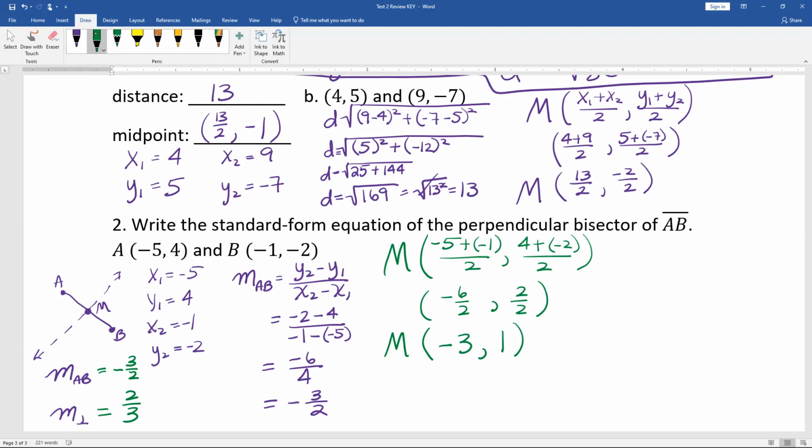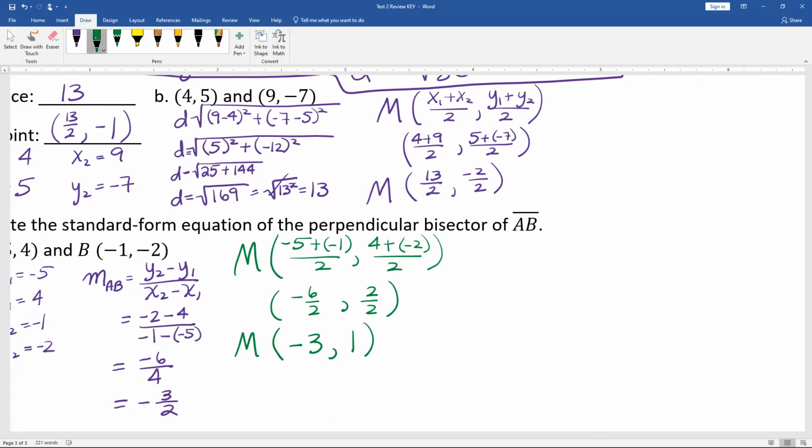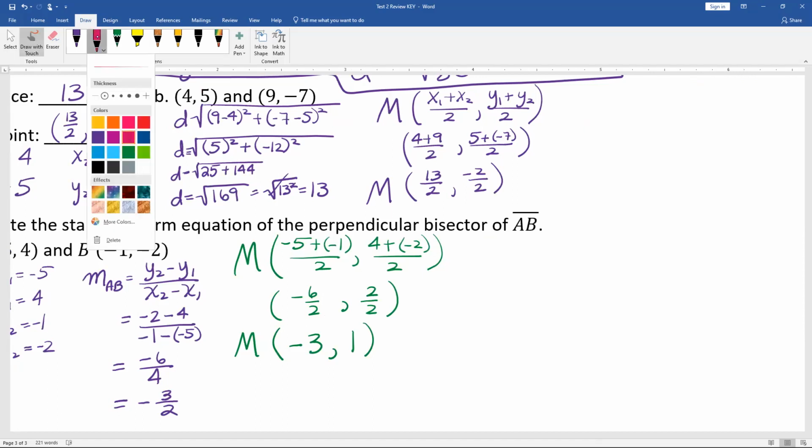And with point slope, we can go to standard form by moving the x over to the y side. So what do we need to write in our point slope equation to get the standard form? What do we have that we can put in there? Our slope and our point.